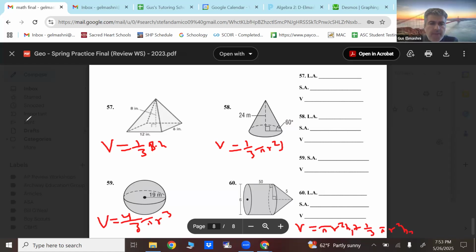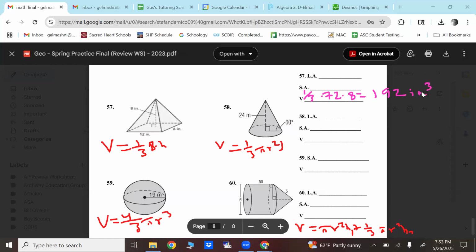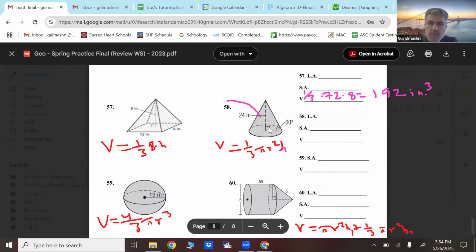So I calculate the base here at 72 times 8. It's 192. That's 24. That's 24 root 3.